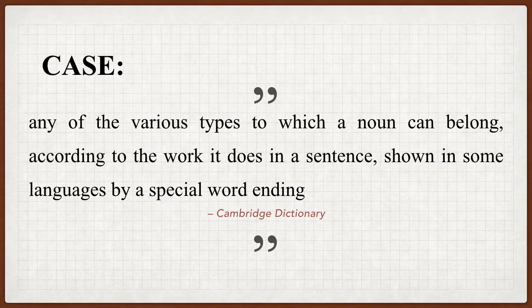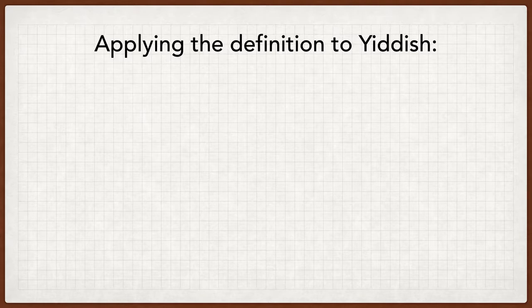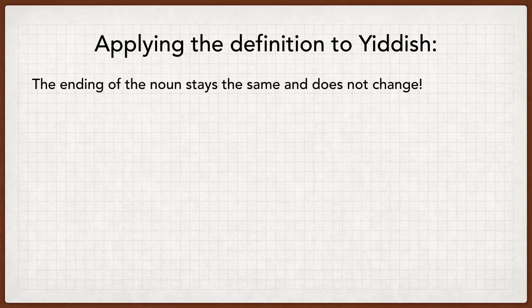This definition doesn't really befit our needs, so let's apply this definition to Yiddish. The ending of the noun stays the same and does not change, except for a handful of nouns, but about those I'll talk a bit later.